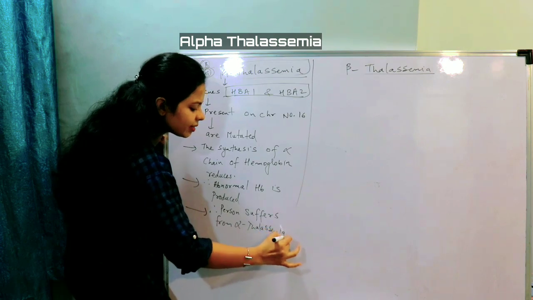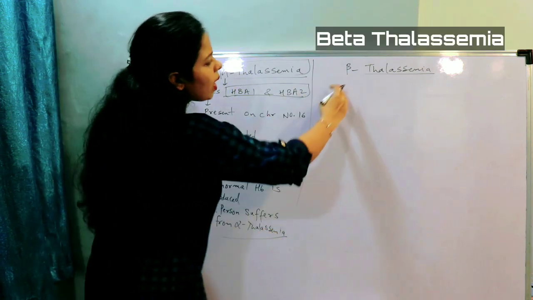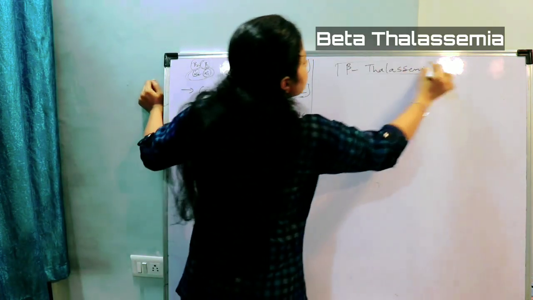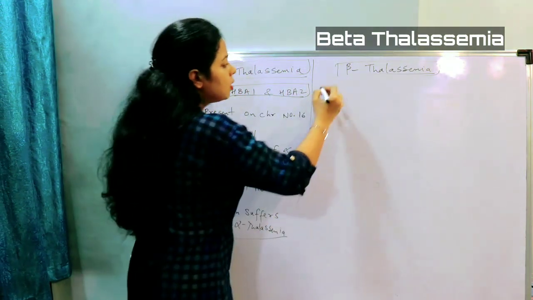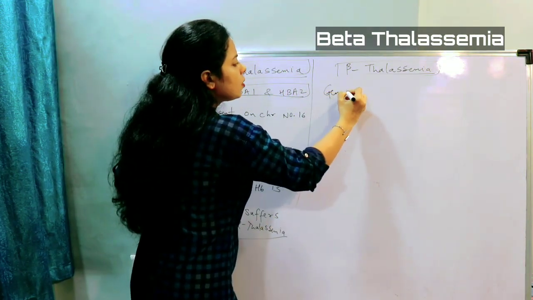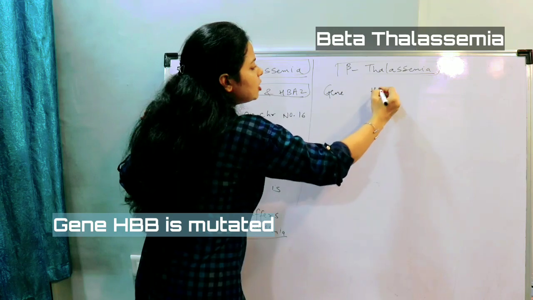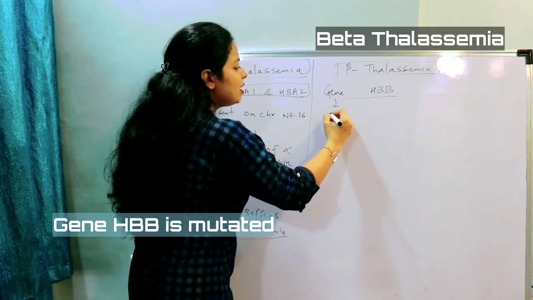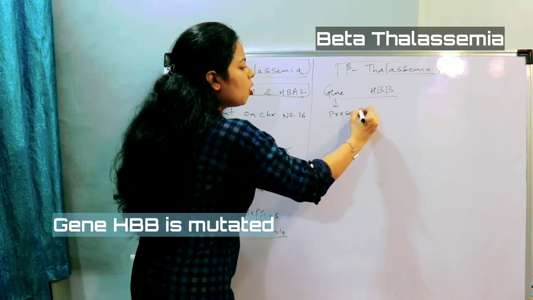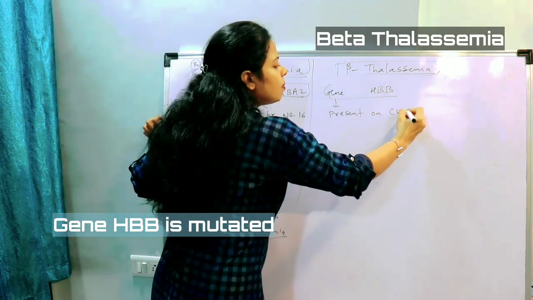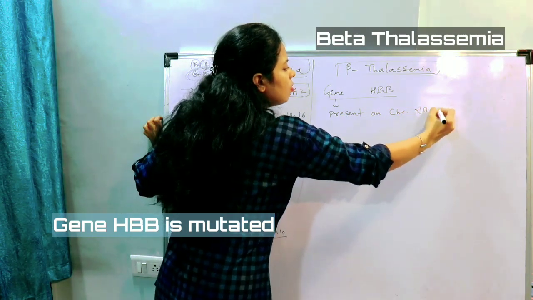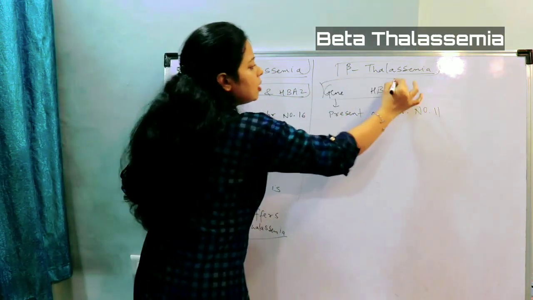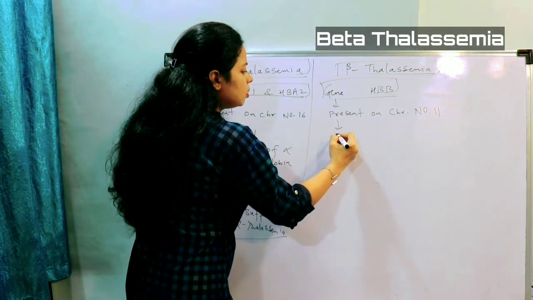Now let's see the next one. Why do you call this thalassemia beta thalassemia? The gene HBB, present on chromosome number 11, is mutated.